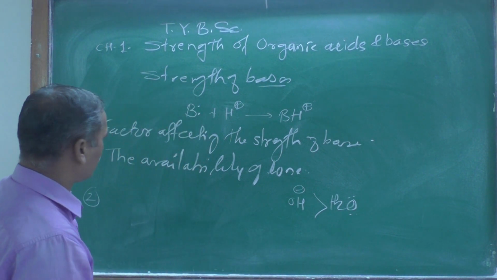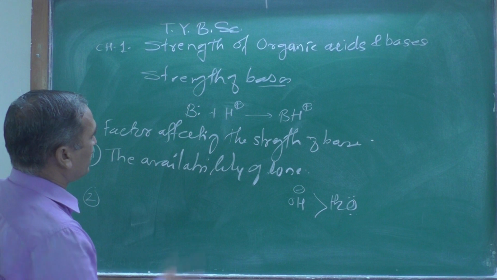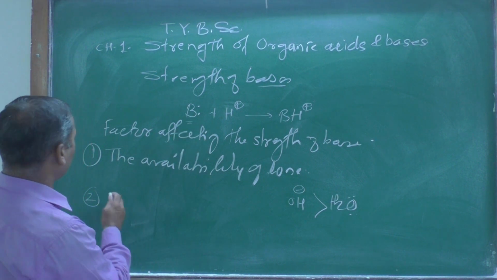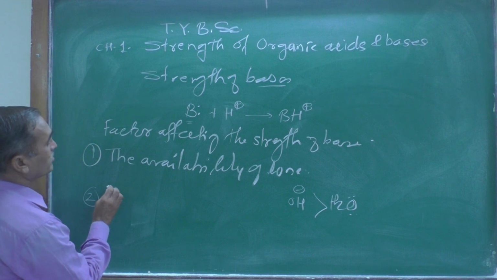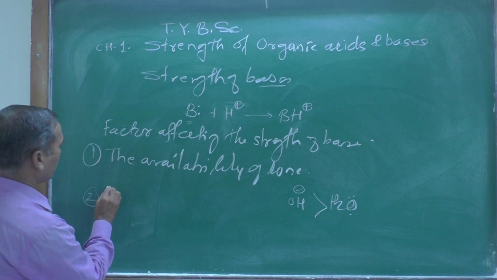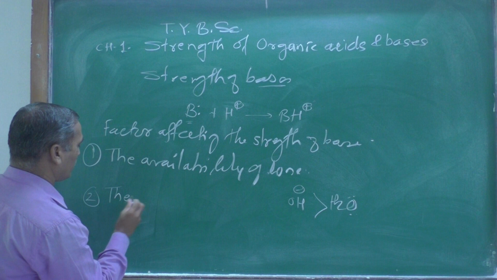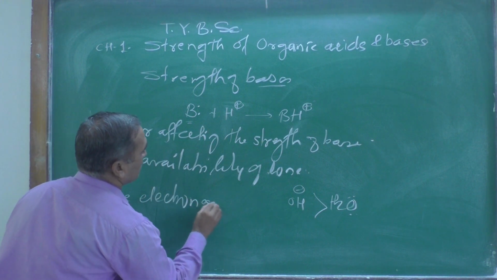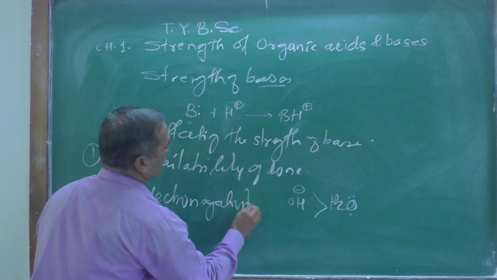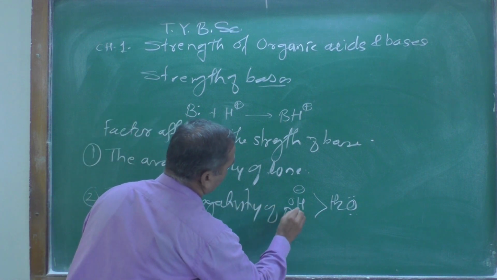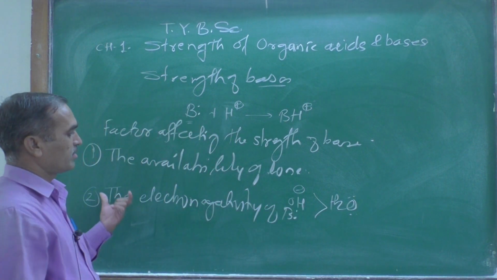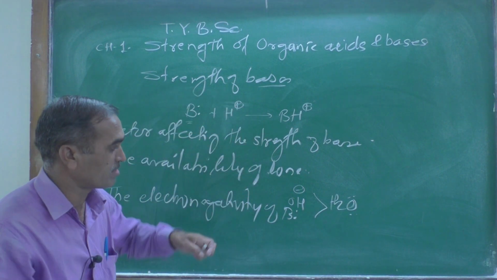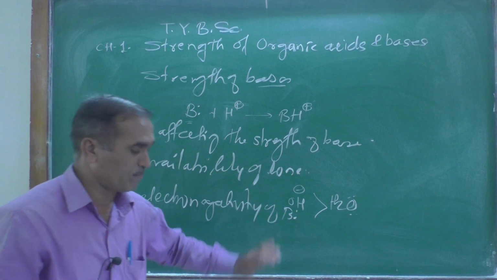Now moving to the next factor, related to B. The second factor is the electronegativity of B. Here B means we are considering the atom or the base.